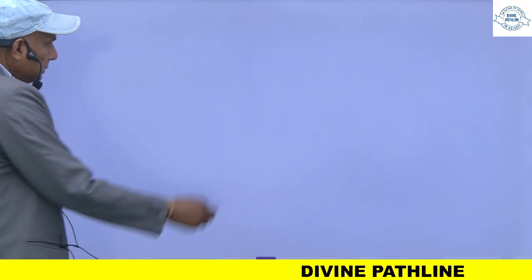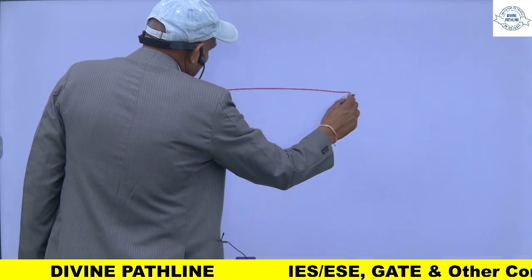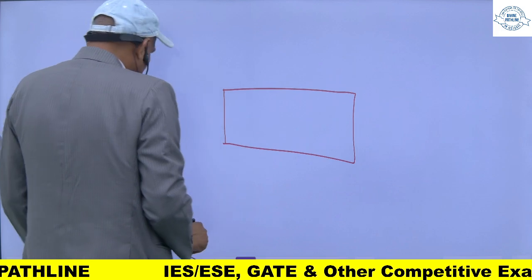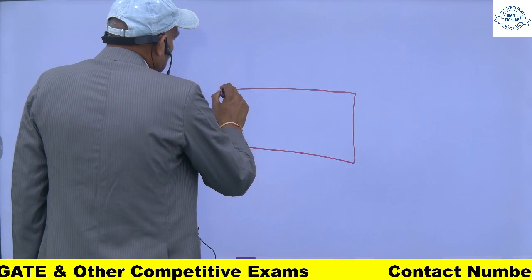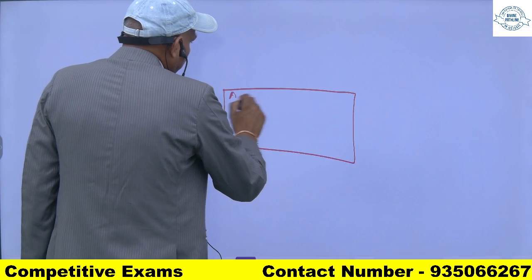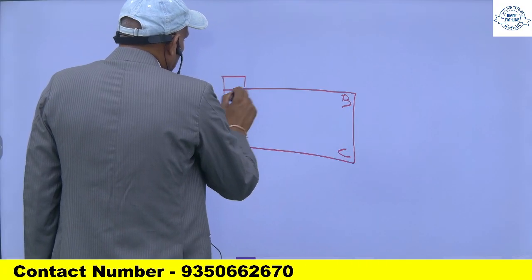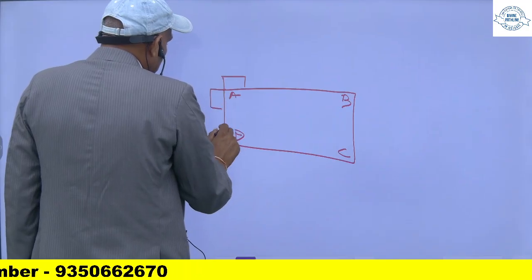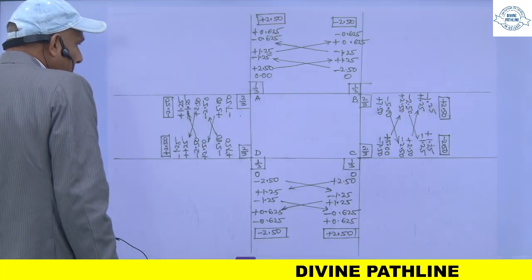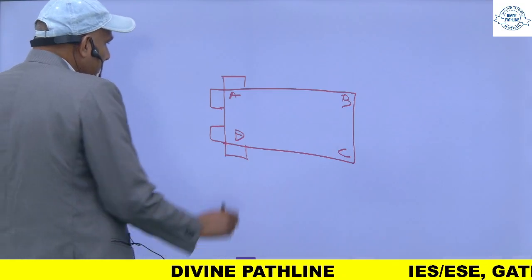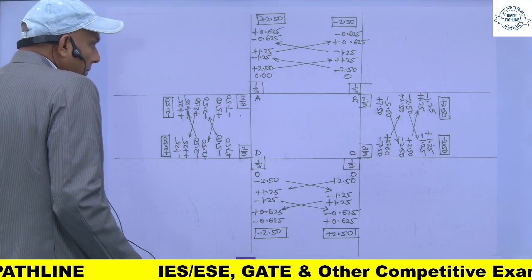So, distribution factor for this and this. So, this is 1 by 3, 2 by 3. Same.